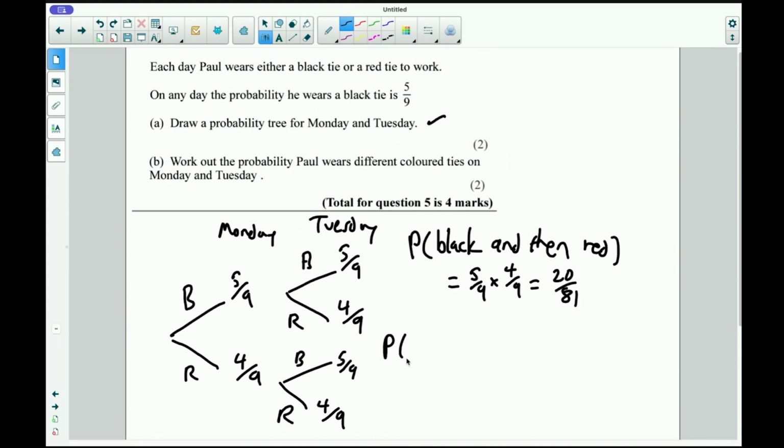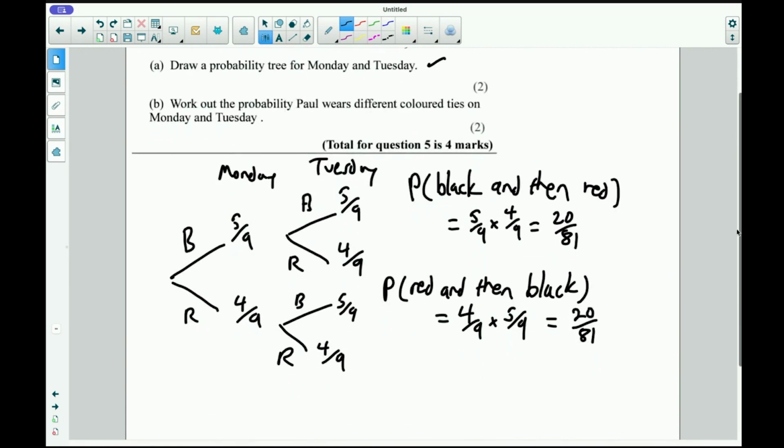And then we want the probability of getting red and then black, which is just going to be 4/9 and then 5/9. Because we said "and", we're going to multiply those probabilities.